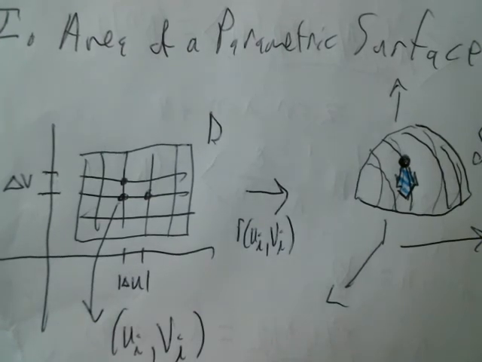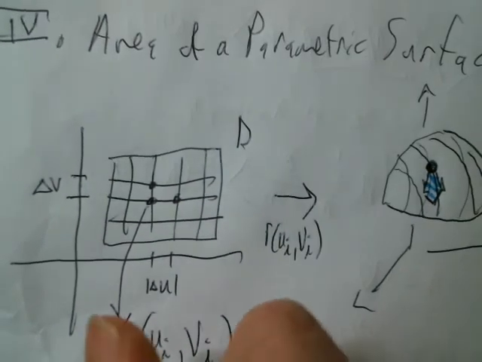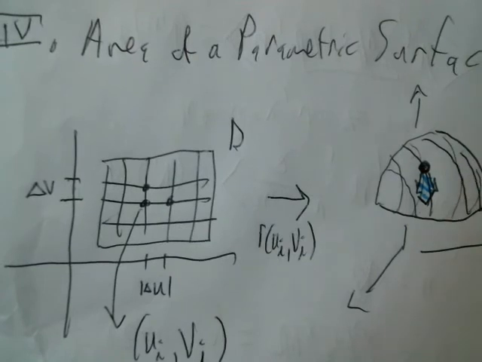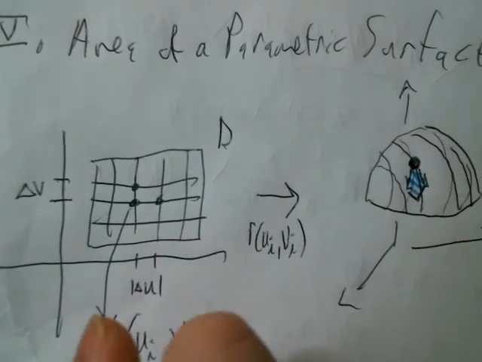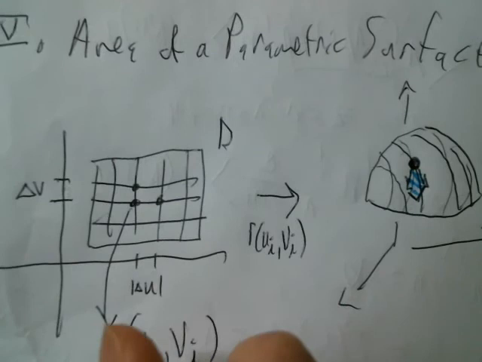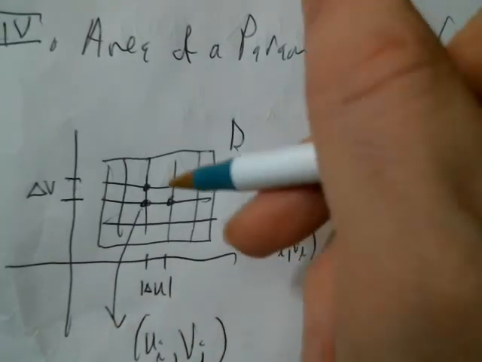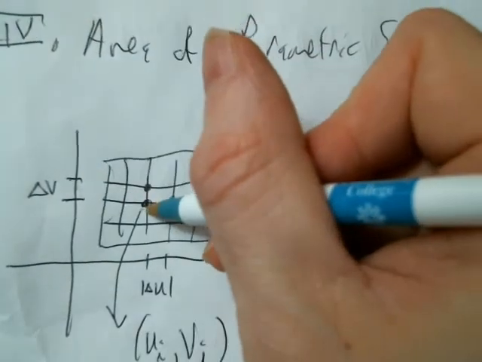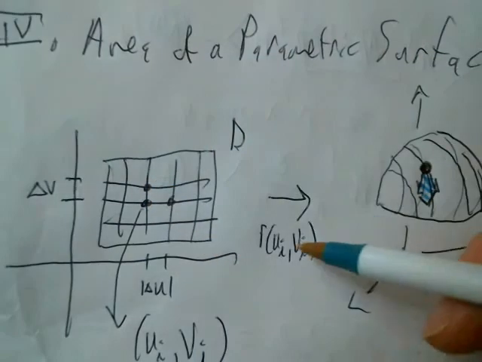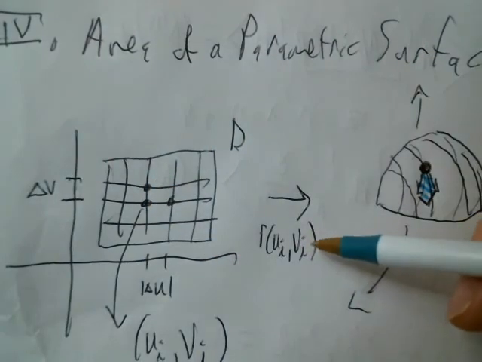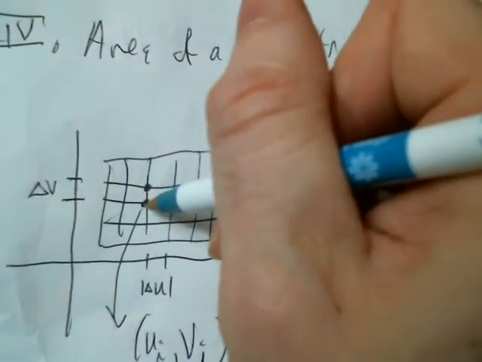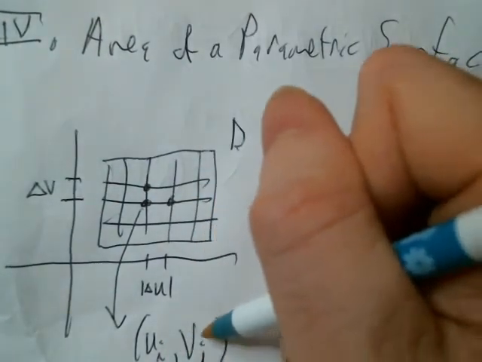So the vectors we'll create, let's call them R1 and R2. Right? So we'll say R1 is going to be equal to the difference of these points under this transformation. Okay, so this point is certainly u sub i comma v sub i.